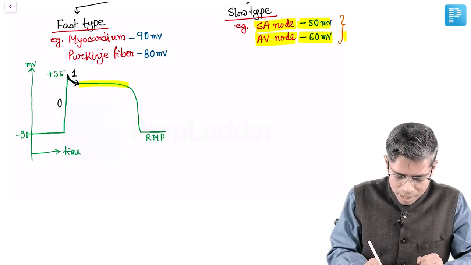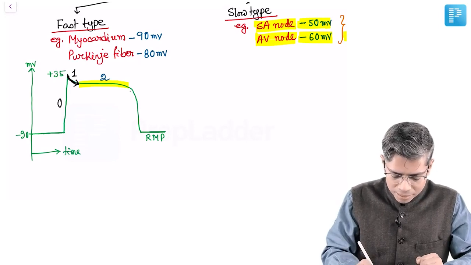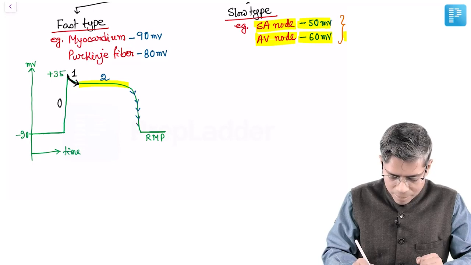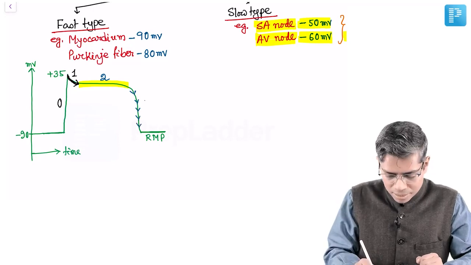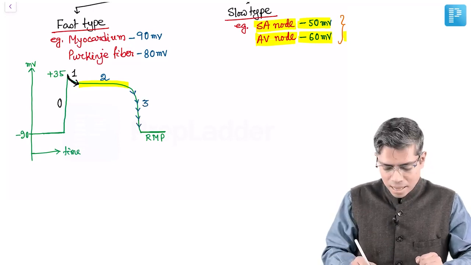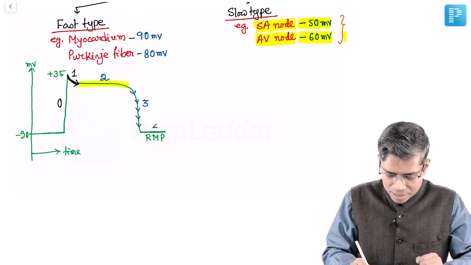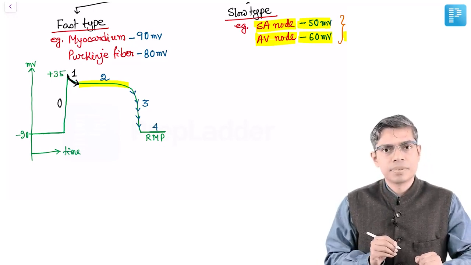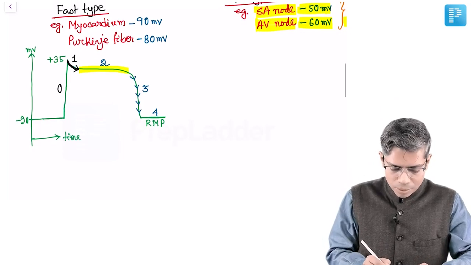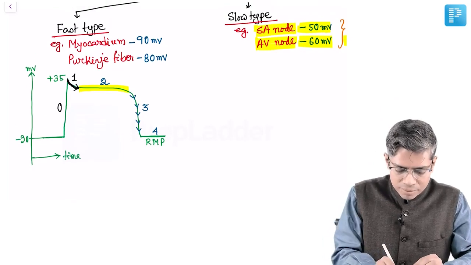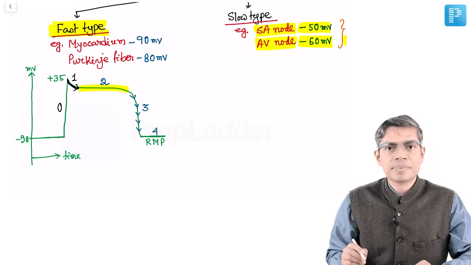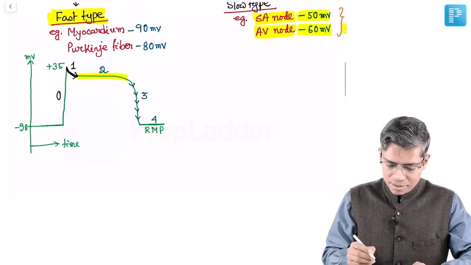This part is known as phase number 2, and then the action potential returns back to the resting membrane voltage. This is phase number 3, and the resting membrane potential is known as phase number 4. So I can easily find out that in case of fast type action potential, there are 5 distinct phases.